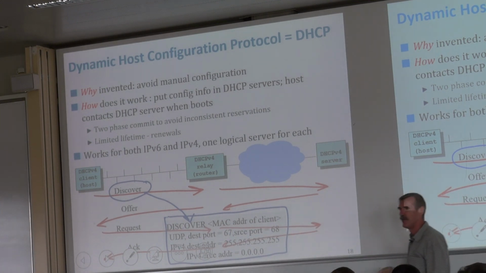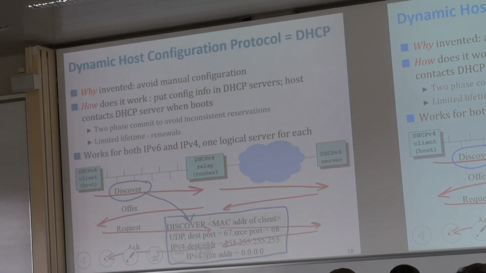Then if DHCP is enabled in the configuration of my host, which is for many hosts by default, whenever it boots, it will ask for an IP address and the additional configuration information by sending a DHCP packet, which is called, in that case, discover.